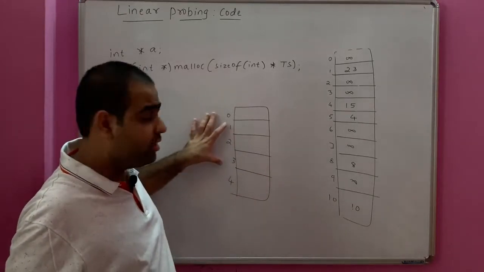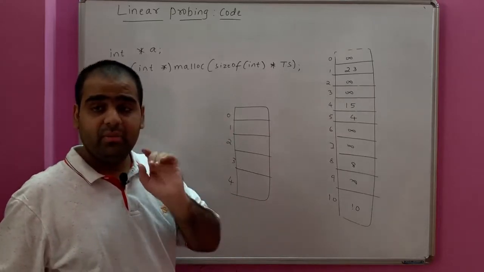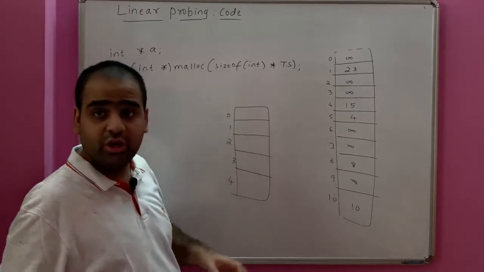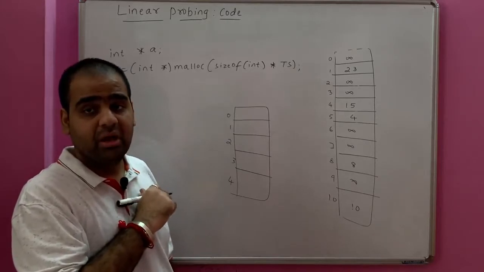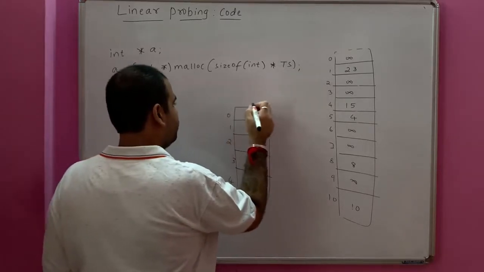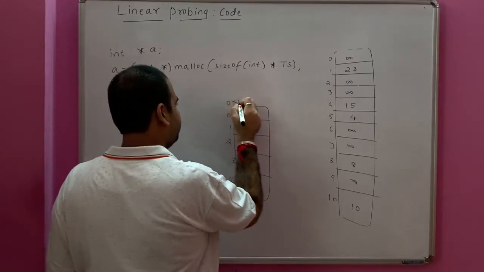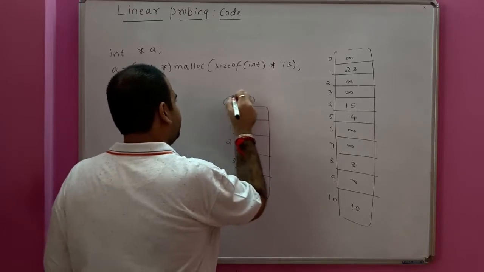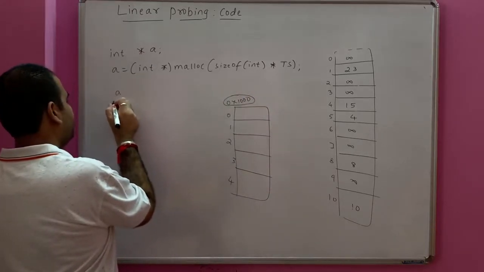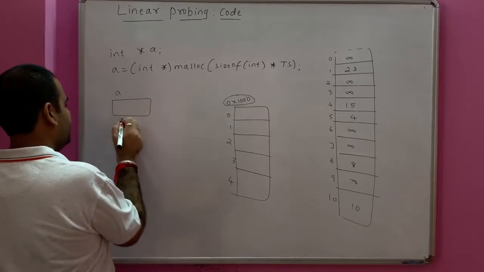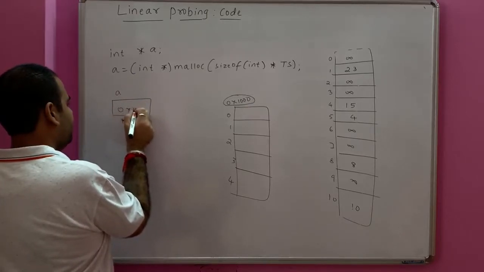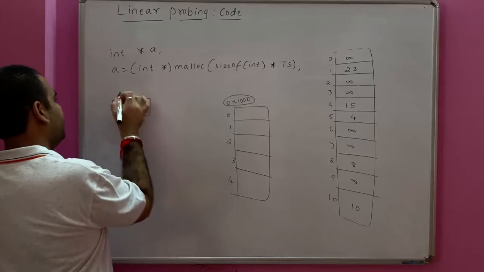Now this memory is allocated on the heap. Whenever memory is allocated on the heap, it gives you the starting address. Let us assume that the starting address is 1000. Now this 1000 is stored in a. Therefore, this is variable a. Okay, let me write it this way. It is 1000, and a itself will have its own address.